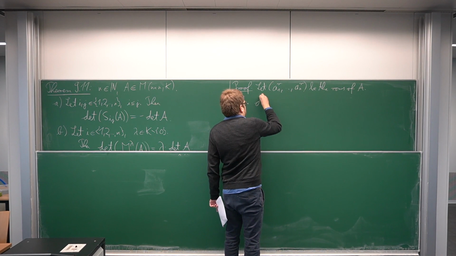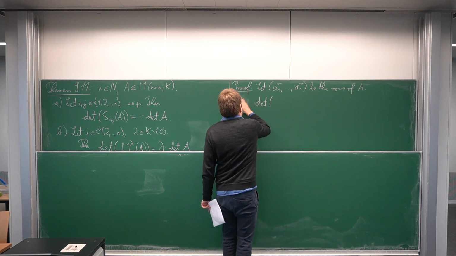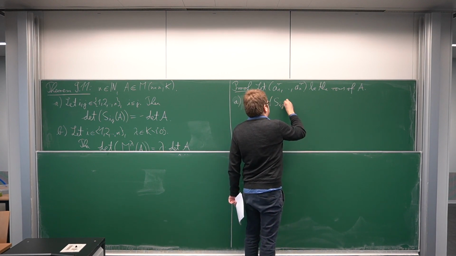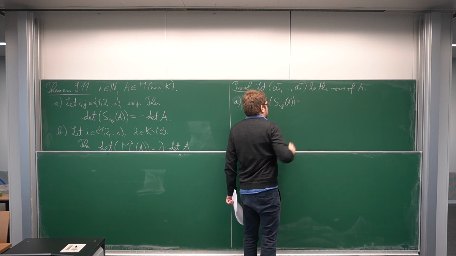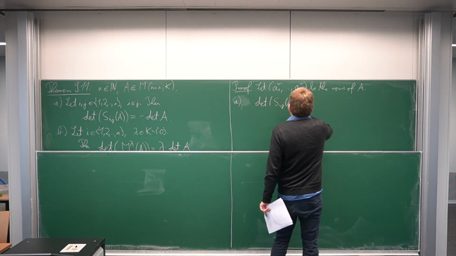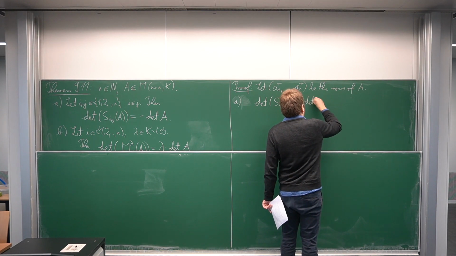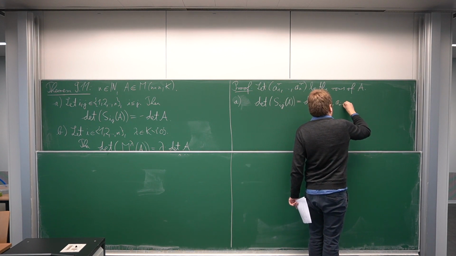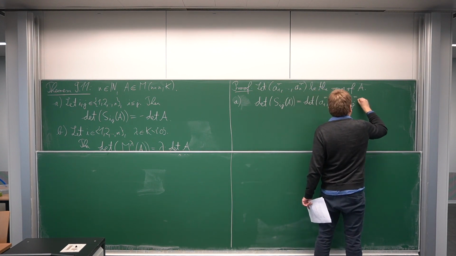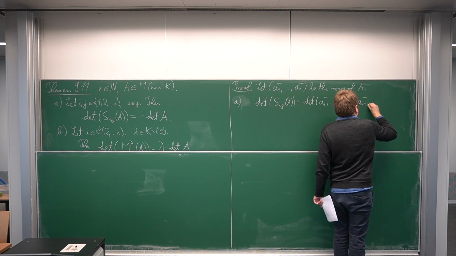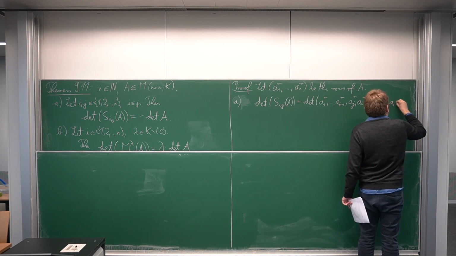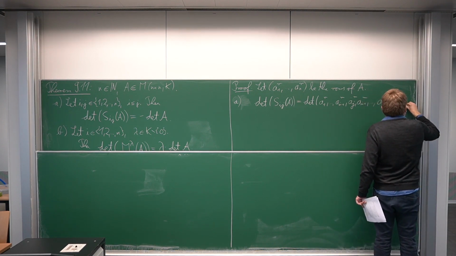Now, for part A, the determinant of S_ij of A means that we just switch the order of the rows, so we have the determinant of A_1^R to A_{i-1}^R, then A_j^R, A_{i+1}^R to A_{j-1}^R, A_i^R, A_{j+1}^R to A_n^R.